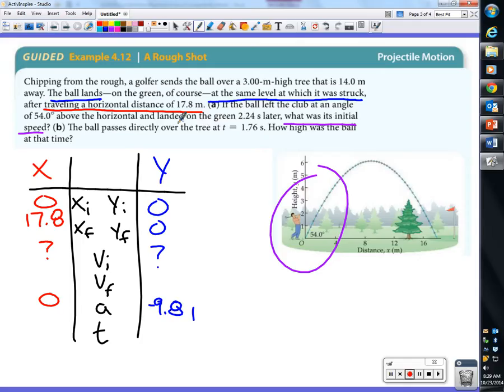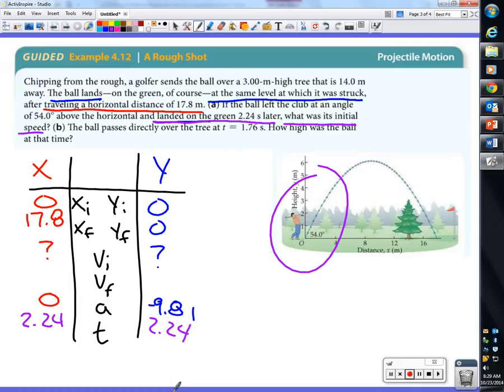Okay, so it says it lands on the green 2.24 seconds later. What did we say has to be true about time in both columns? Has to be the same, right? Because both of those motions are occurring simultaneously, right?